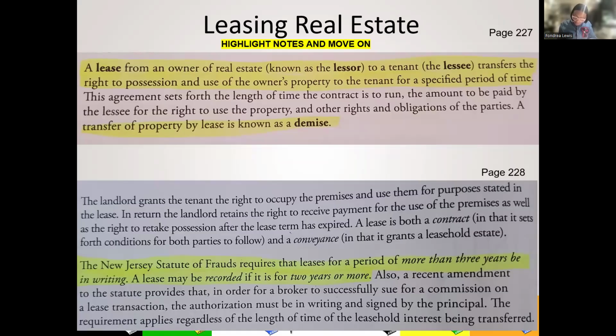An owner of real estate. Right of possession of use for the owner intended for a specific period of time. Okay, and then transfer of property by lease is known as a demise. Got it.